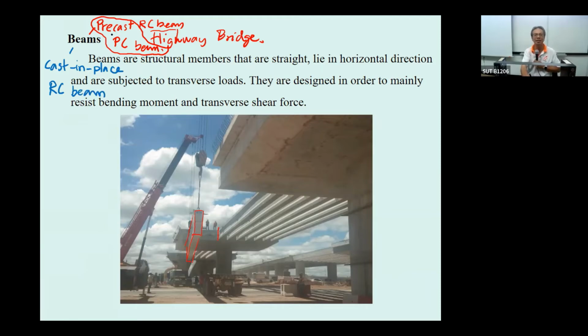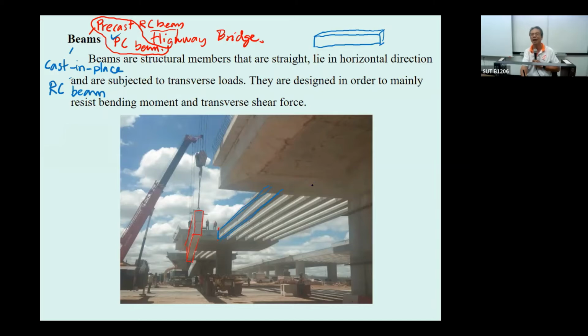No matter whether it is precast or cast in place, most of the time the beam is put in the horizontal direction like this one, over the pier, to transfer the load from the floor to this pier.